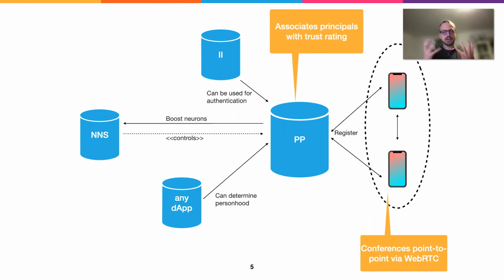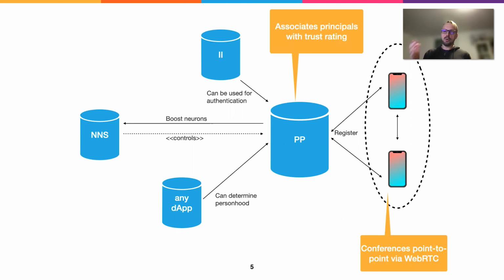And so at some point, if we have sufficiently many people who get sufficiently often validated, they actually get a significant share of the voting power. So that helps democratization. But on the other hand, it also gains them rewards. If you have a neuron that has more voting power, you gain more rewards, you get a payout. So effectively, you do get a dividend for being validated as a person on the internet computer.